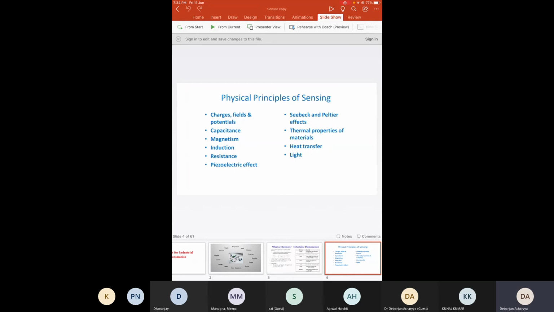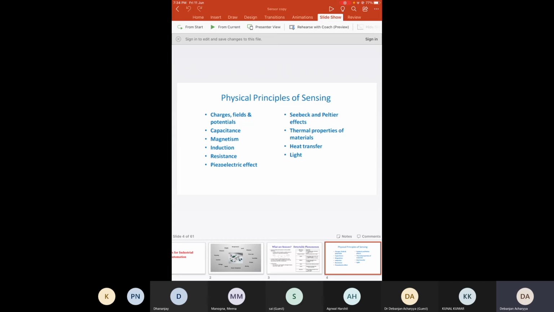Once again, the physical principle of sensing is governed by phenomena such as charge, capacitance, magnetism, inductance, resistance, piezoelectric effects, Seebeck and Peltier effects, thermal property of the material, heat transfer, and light.